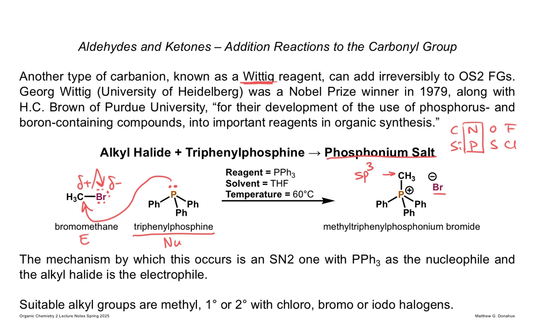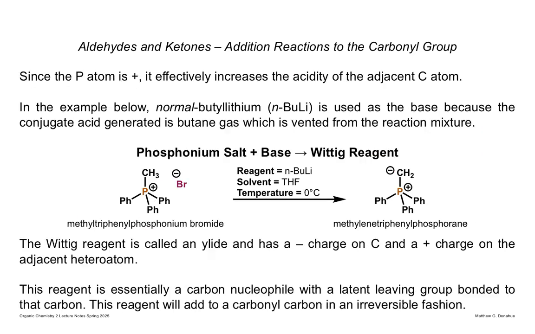So now that we've formed that salt, we're going to treat it with a strong base and do an acid-base reaction to put a negative charge on the carbon. So if we take our salt, and then the base, typically you have to use a pretty strong base, so N-butyl lithium.